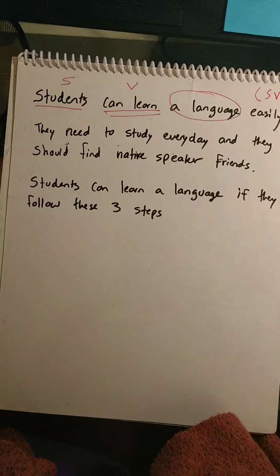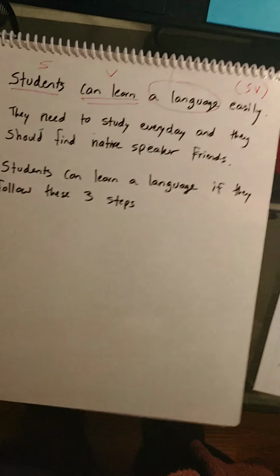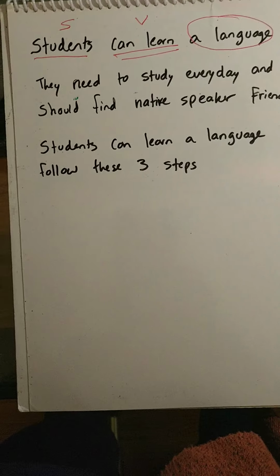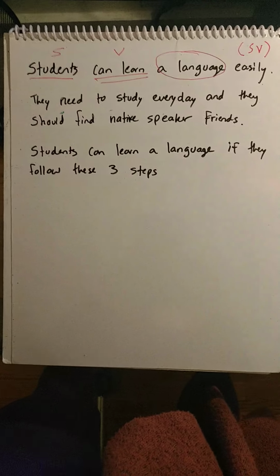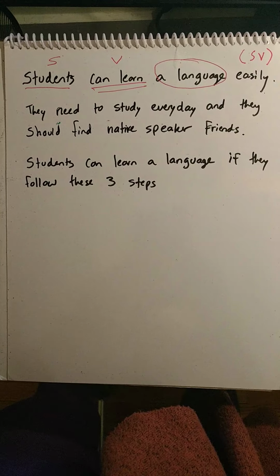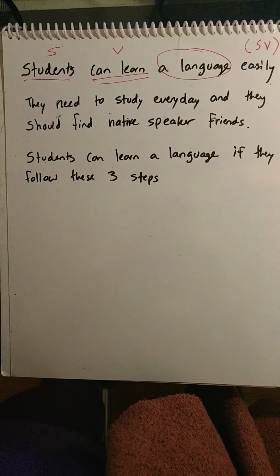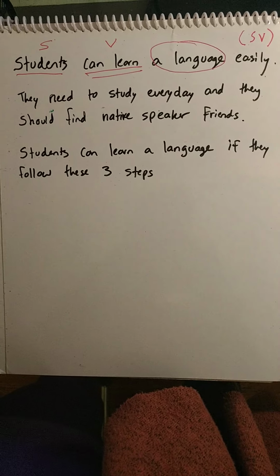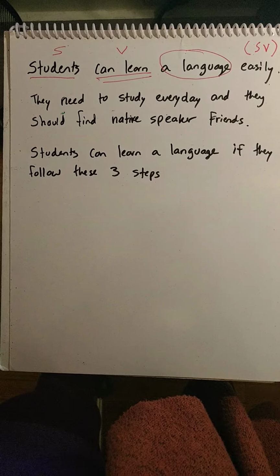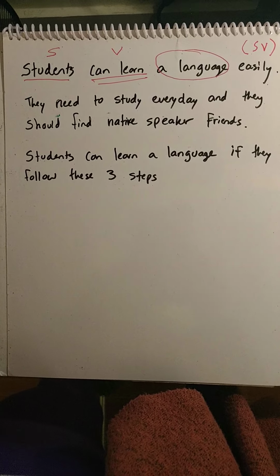All right, let's look at the second one. These are all about the essay, how to learn a language. Okay, so they need to study every day, and they should find native speaker friends. So hopefully you can figure out subject and verb and anything else here.